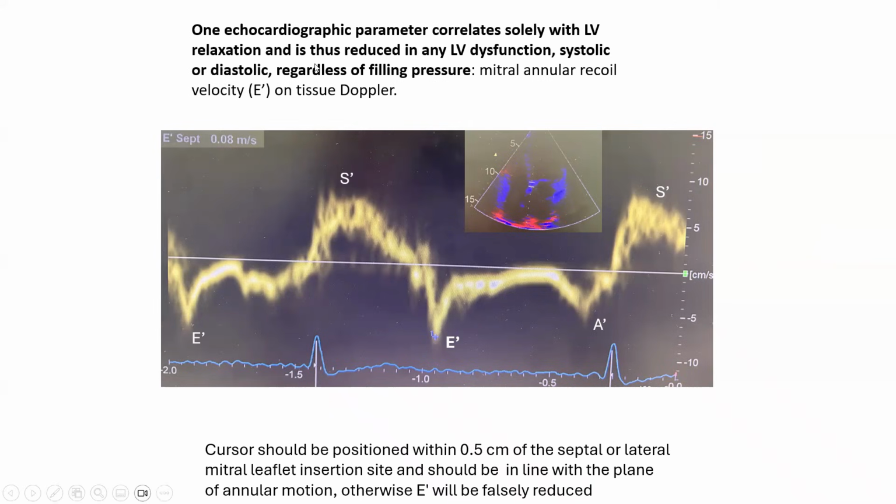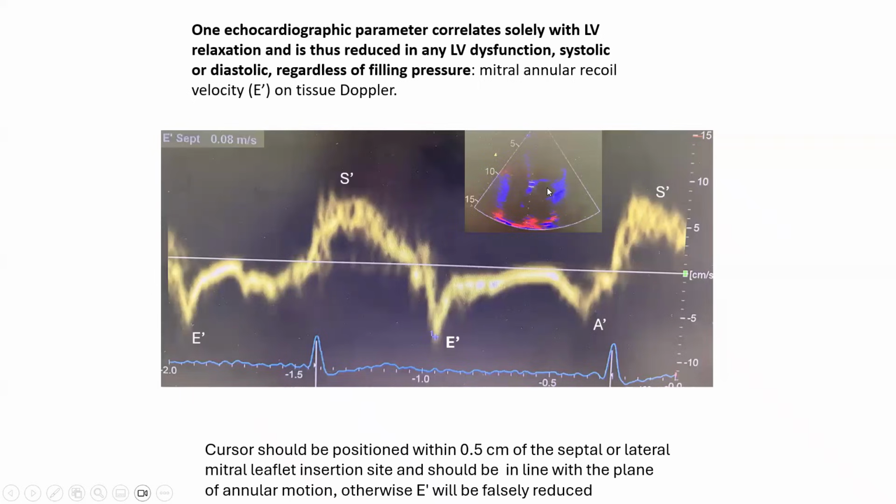And E prime is the mitral annular recoil in early diastole obtained on tissue Doppler analysis. Tissue Doppler analysis is analysis of the myocardial velocity as opposed to color Doppler, which analyzes blood velocity.